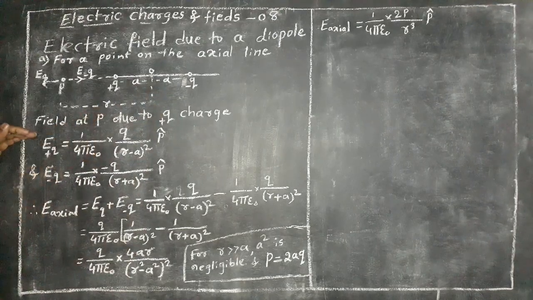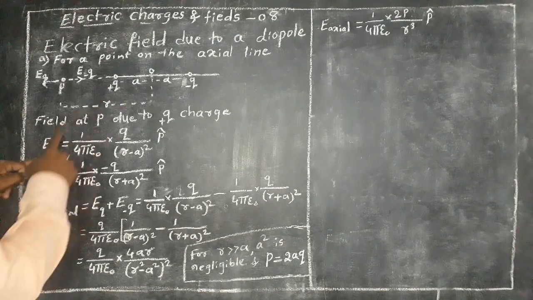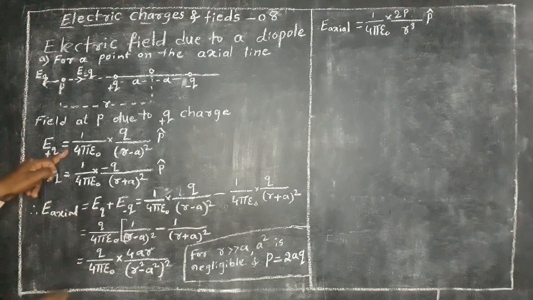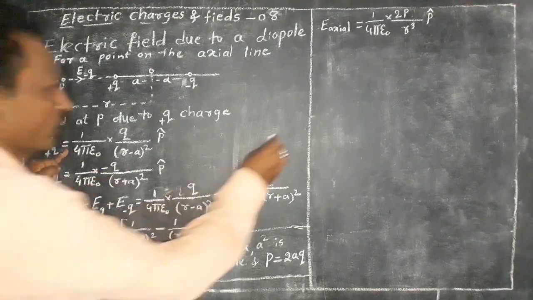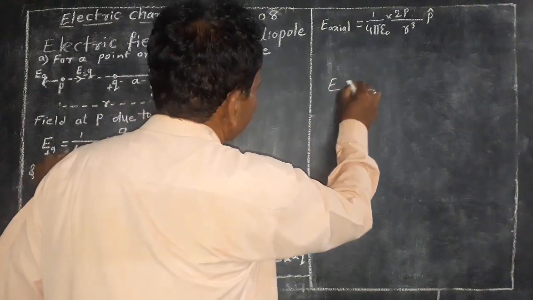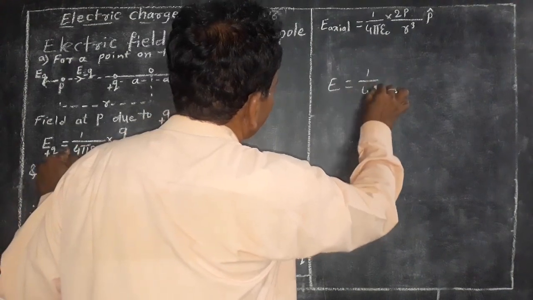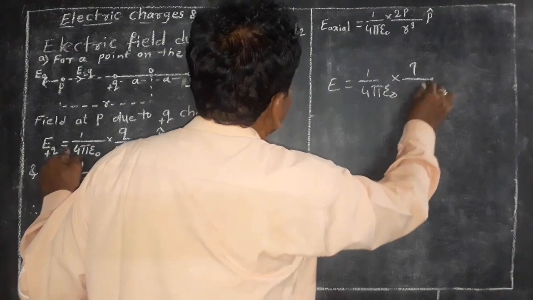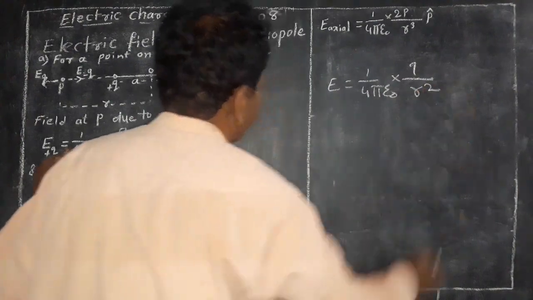Then the electric intensity due to the plus charge is E plus Q equal to, according to the definition of electric intensity, E equal to 1 upon 4 pi epsilon naught into Q divided by R square.